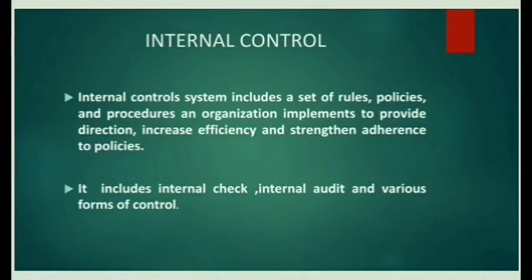There are a lot of advantages in this control system. It checks errors and frauds, promotes operational efficiency, safeguards assets and records of the organization, and provides reliable data. But there are also disadvantages in this internal control system.